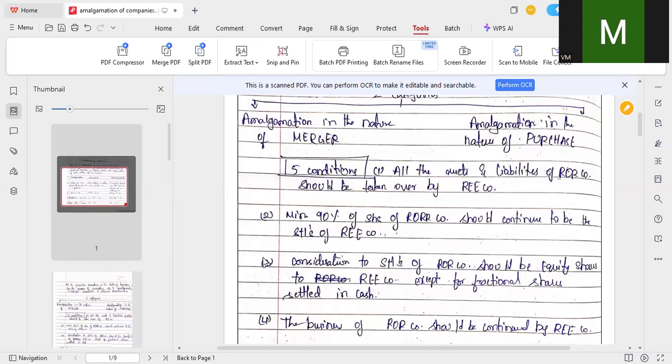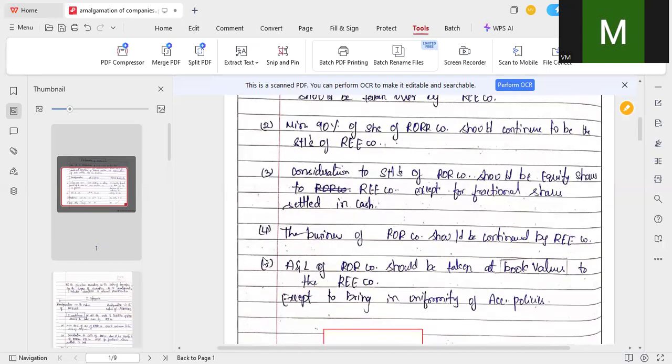The business of the transferor company to be continued by the transferee company. Yes, the old business which was being done by the transferor company, Instagram, should be carried forward by Facebook. And assets and liabilities of the transferor company to be taken at book values, except to bring uniformity in accounting policies. So this is the first part of amalgamation, its difference, and five conditions.